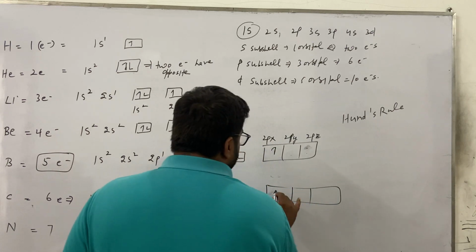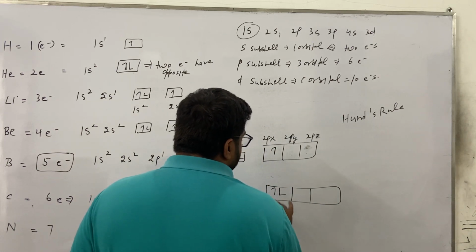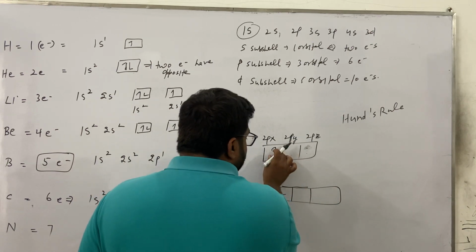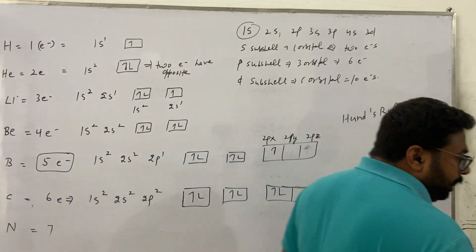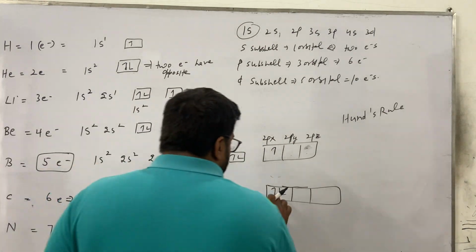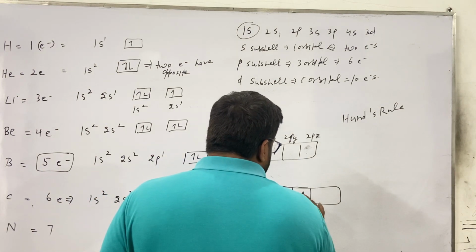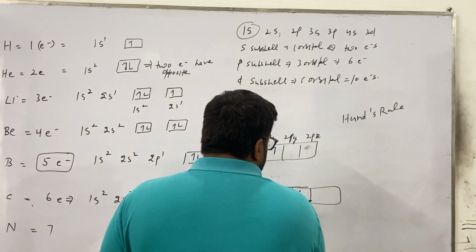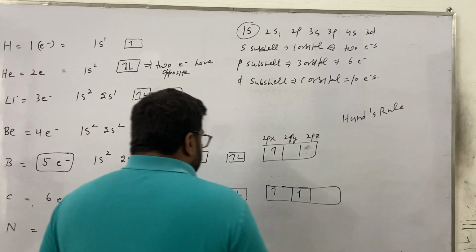Now you cannot simply put electrons in that manner, because these three orbitals have the same energy. So electron pairing will not take place until all the orbitals of the 2p subshell are singly filled. So that is why we cannot write it as this, instead we can write it in that manner. That means two orbitals will be singly filled.